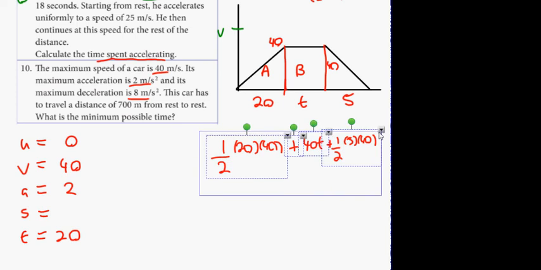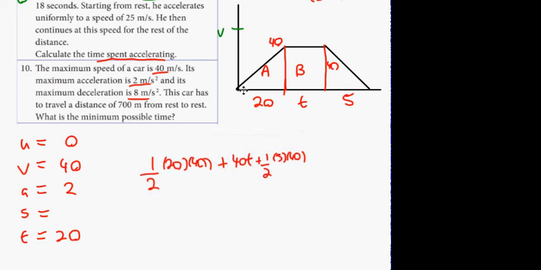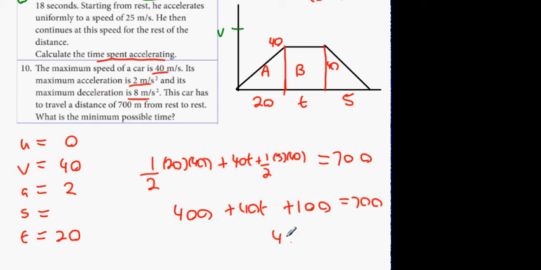And what is the total distance again? 700. And you would have done exactly the same process. You would have said, look, that's 400. The end is 100. And that's 40t in the middle, equals 700. Bring it over, you would have got 40t equals 200. T equals 5.